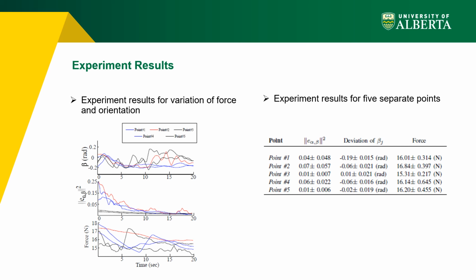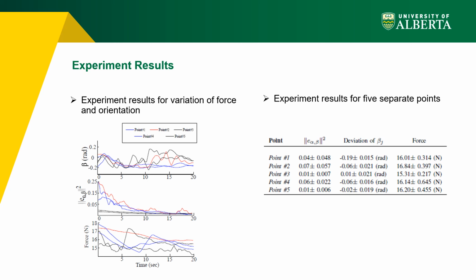In the pre-scan phase, we moved the probe on the surface of the tissue and recorded the force applied to the tissue and the US probe position. We designed our post-scan trajectory based on the output of the pre-scan phase. The experiment results for 5 different points on the trajectory have been reported in this figure. The error is the norm 2 of the difference between the current and desired value for each point, which converges to 0 as time passes.